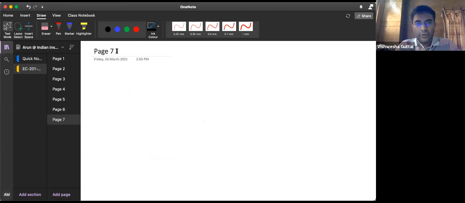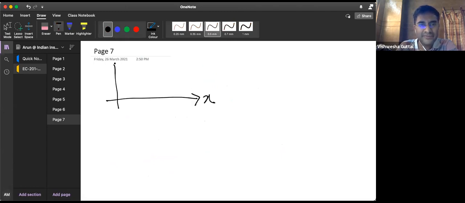So let's plot f as a function of x. Let's plot x on the x-axis, which is population density, and f on the y-axis. What is f? f is the population growth rate.